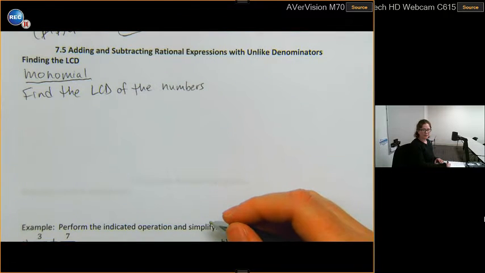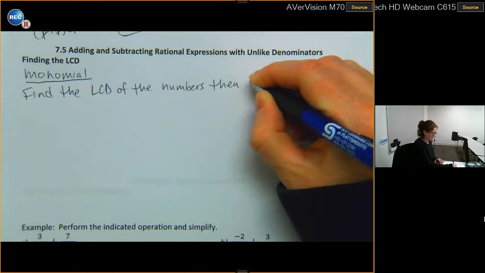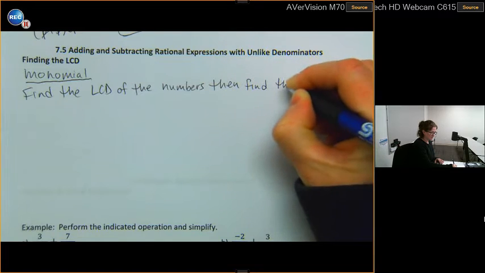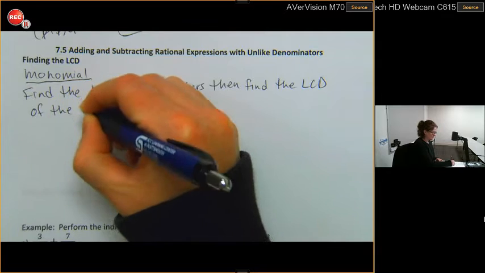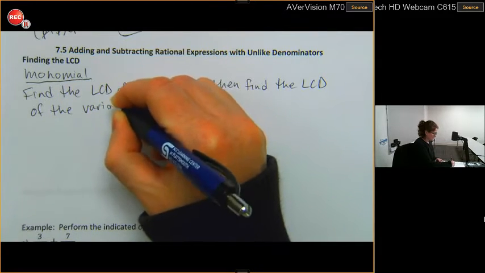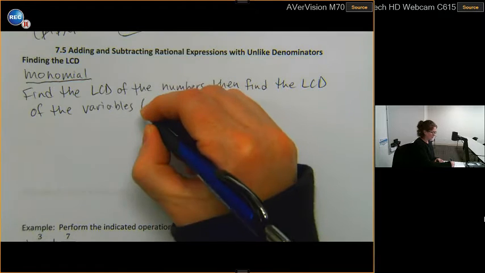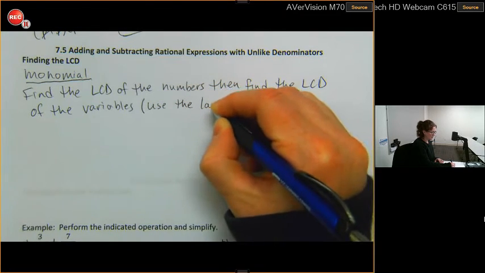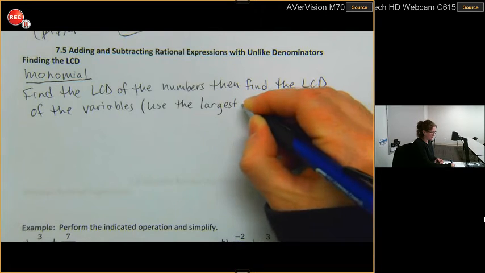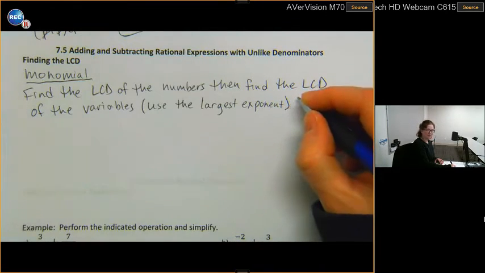Then you're going to find the LCD of the variables. To find the LCD of the variables, you are going to use the largest exponent present in the problem. There will be an example of this in part A below.